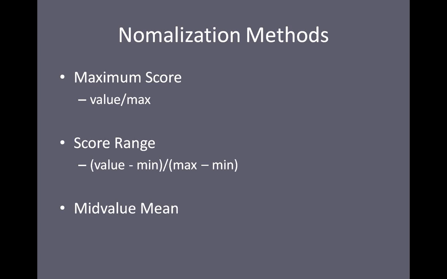It's a value over the maximum. And the positive to a maximum score is really that it keeps your outputs in a proportional relationship. A potential downfall to that is that there is not necessarily a zero value. And score range, the positive to it is that you're guaranteed a 0 to 1 range. And this mid-value mean, we'll get into that later because that's really what we're applying here.